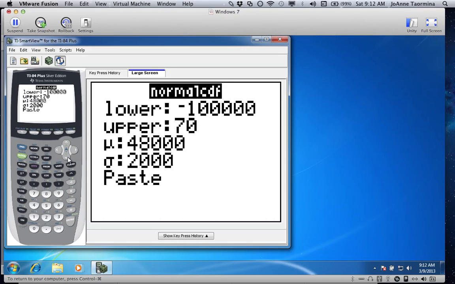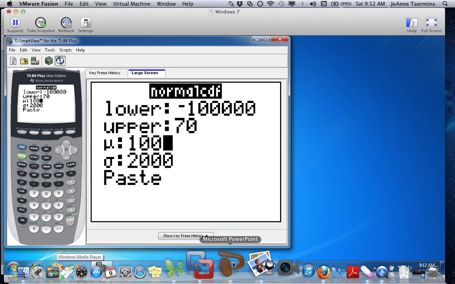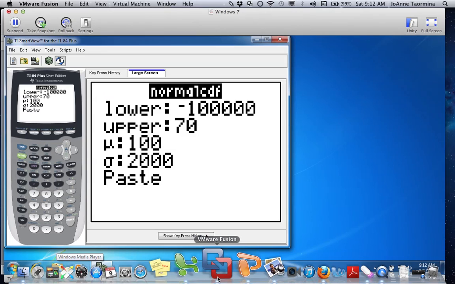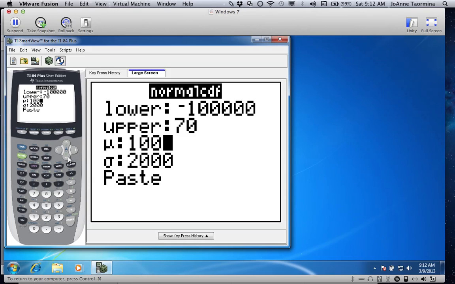The mean is 100, the standard deviation is 15. So we have our low raw score of negative 100,000, which is essentially negative infinity, up to 70, with a mean of 100, standard deviation of 15.